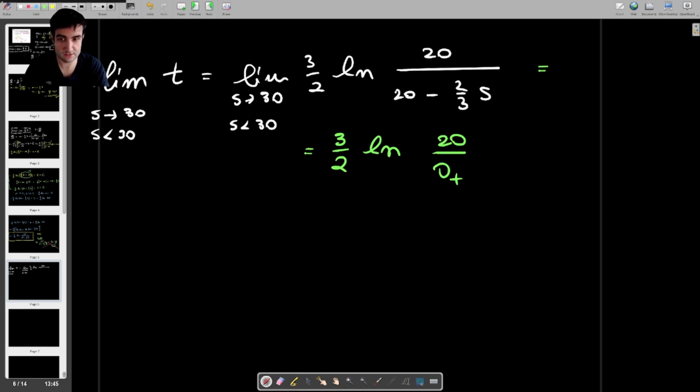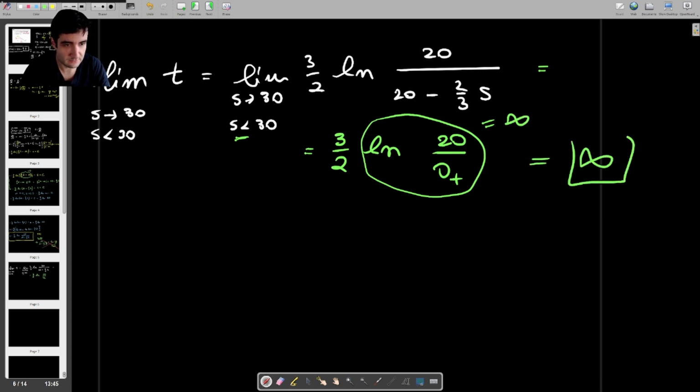And the reason it's positive is because s is approaching 30 from the left-hand side. And we know that this limit is infinity, so the whole thing is infinite. So the time it takes for the particle to reach 30 meters is infinity. In other words, it will never reach 30 meters.